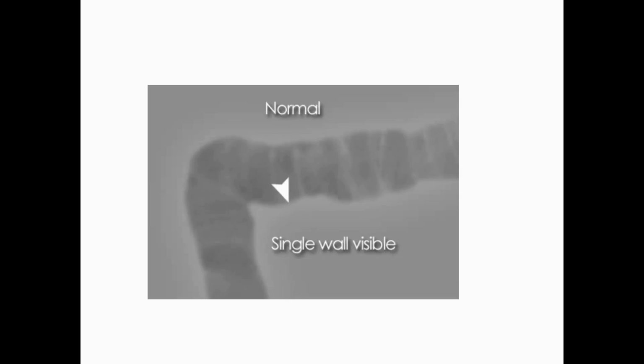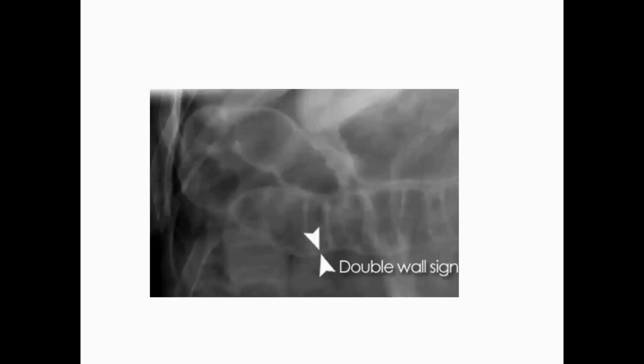Normally, if you look here, there's a normal single layer of the bowel. Here, you're going to see the appearance of this lucency. This is the double wall sign.